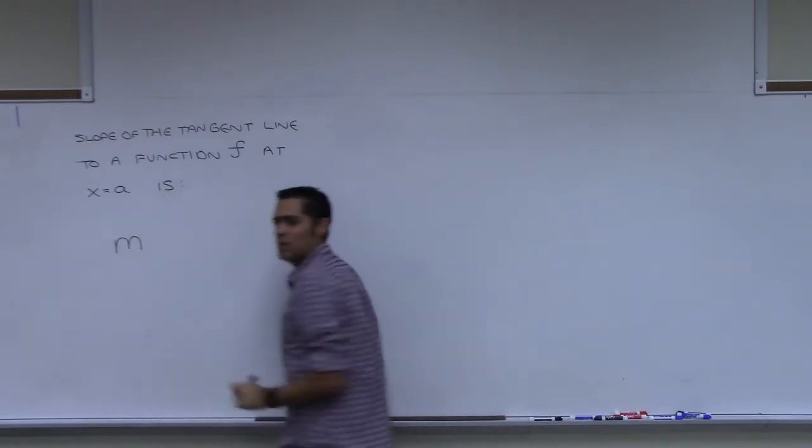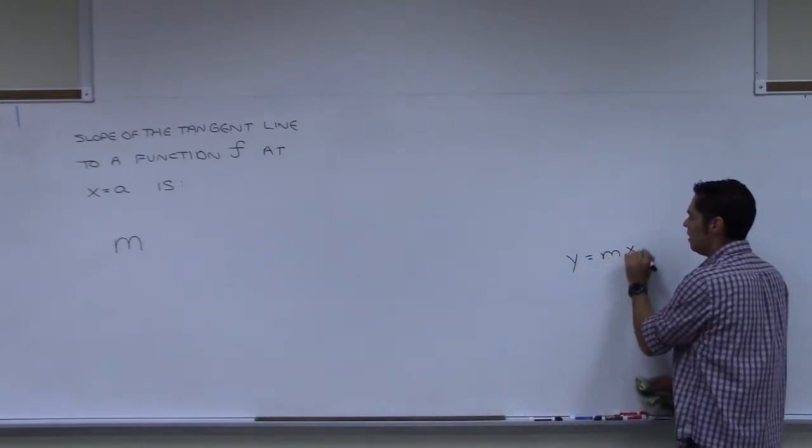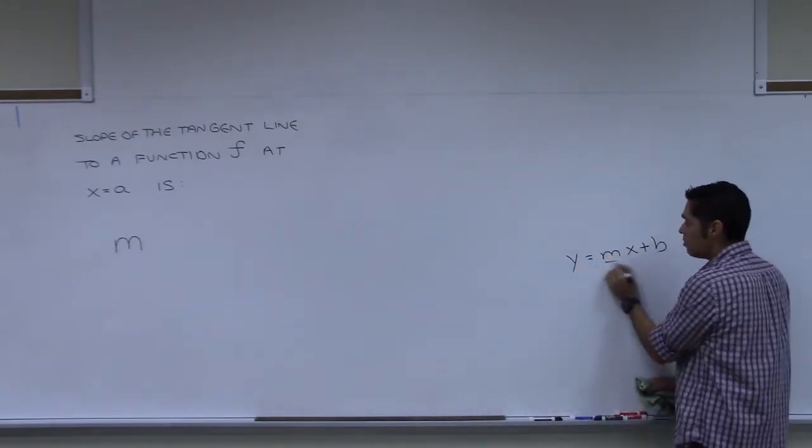It's m. Remember we used m for slope in the past? Back when we were doing y equals mx plus b, that's the equation of a line. M was always the slope.